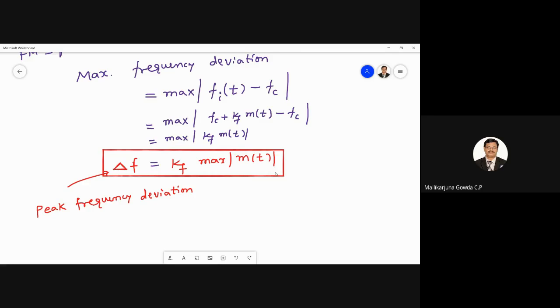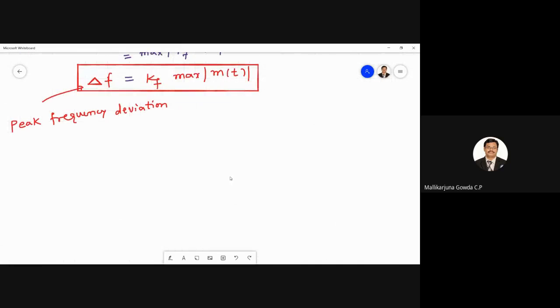Now let us consider the sinusoidal message signal. I have written this in general; I have not said whether m of t is a sinusoidal signal or something else. So now let us find the expressions for PM as well as FM with respect to sinusoidal modulation, which means we consider the message signal as a sinusoidal signal.